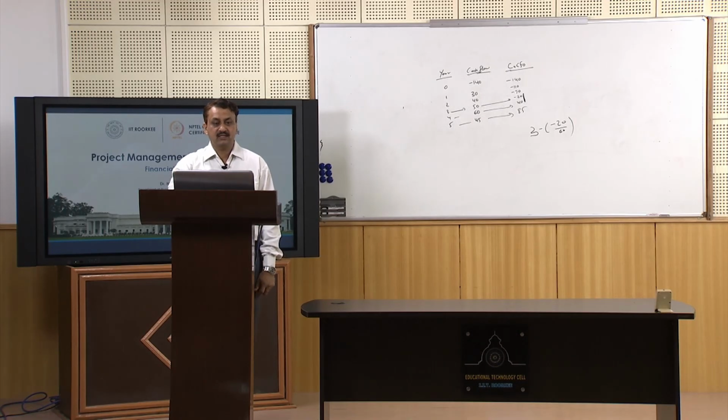So, let us look at one more question. You have invested in two different machines, machine A and machine B. The initial cost of machine A is 56,125, and machine B's initial cost is 58,125. This is your initial investment.